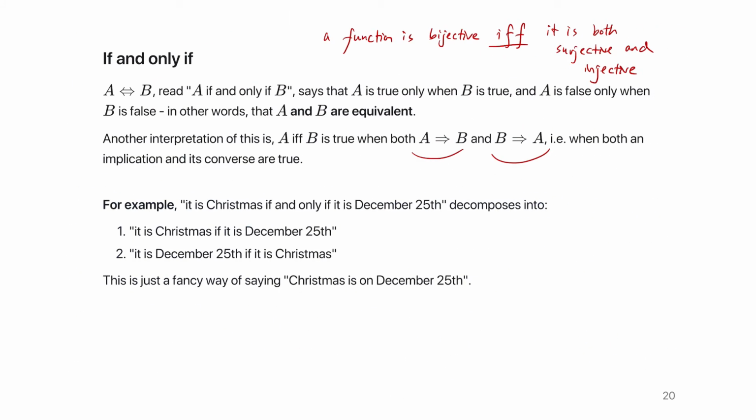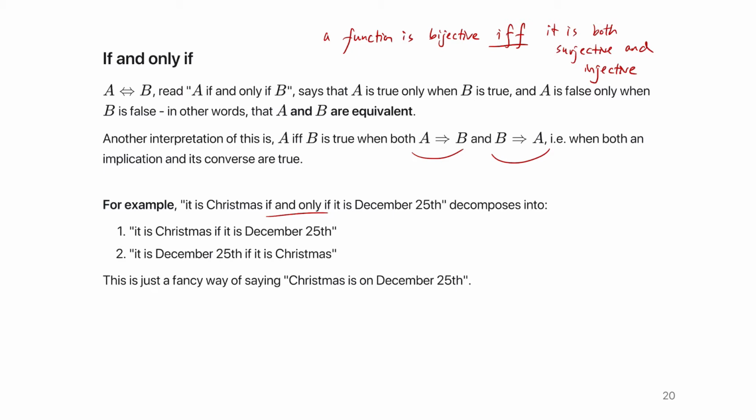Okay? And so another example in terms of colloquial things we talk about, it is Christmas if and only if it is December 25th, decomposes into two separate implications. Right? Every time you have an if and only if, that's really A implies B and B implies A. Okay? This tells us one, that it is Christmas if it is December 25th. And the other is that it is December 25th if it is Christmas.